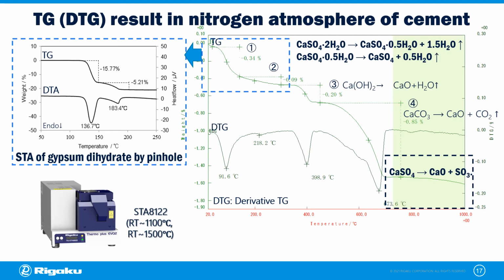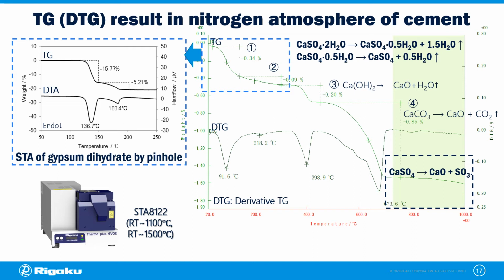Here is a typical result of cement. The green curve is a TG, and the black curve is the derivative TG, which shows the mass loss rate of cement. All of these curves are plotted against temperature. This result shows a 4-stage mass loss starting near room temperature up to 800 degrees centigrade.